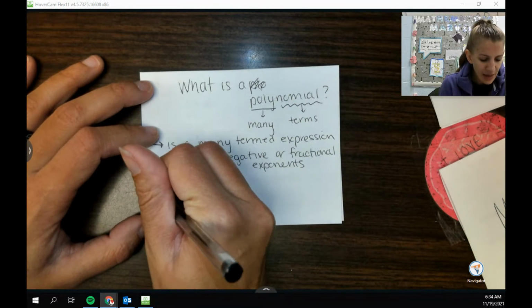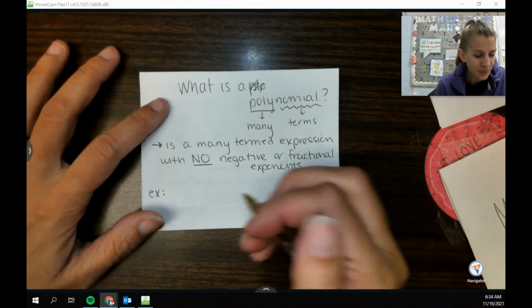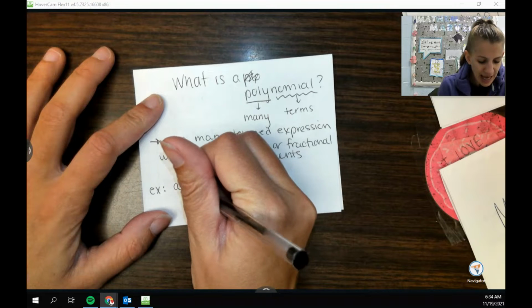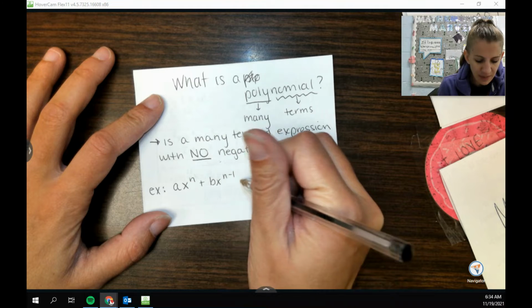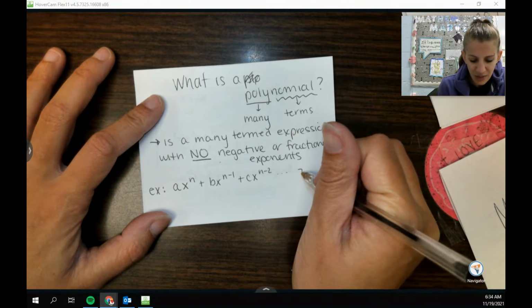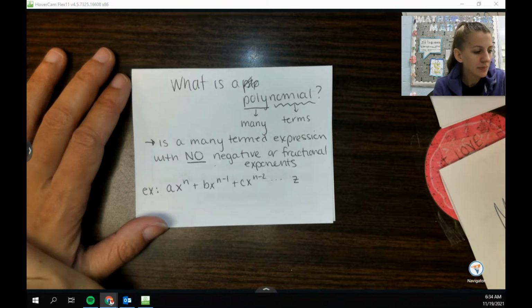Now, the way that we like to write a polynomial, if we can, is in standard form. So standard form looks like this scary business: ax^n plus bx^(n-1) plus cx^(n-2), and so on and so forth until we get to something without any x's potentially.